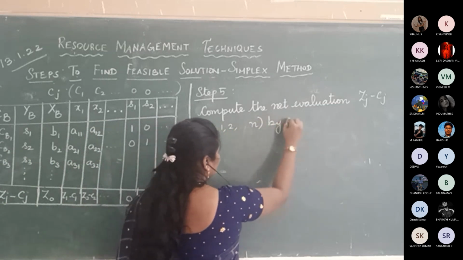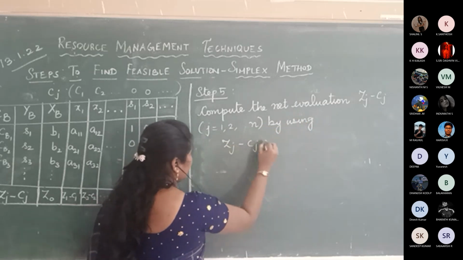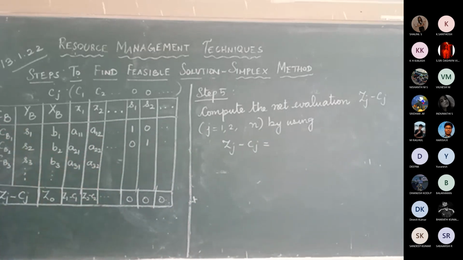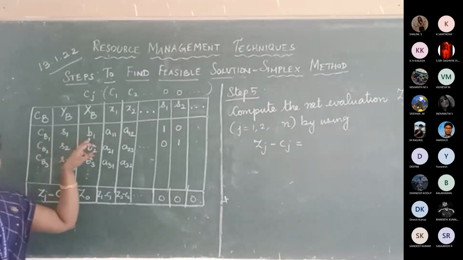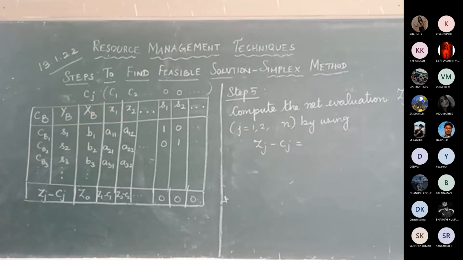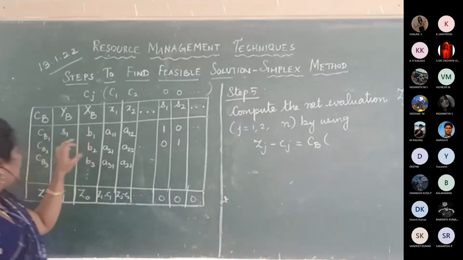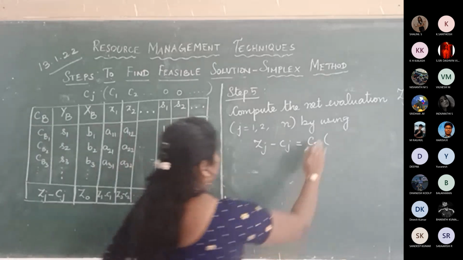You are going to use the formula Zj minus Cj equals CB into XB minus Cj. In your tabular column, you have your CB. When you write it down, write it as CB into XB; in the book they have written it as CB into Aj.